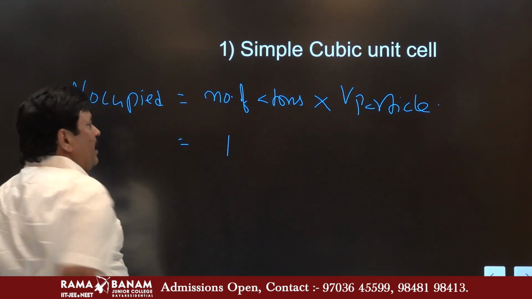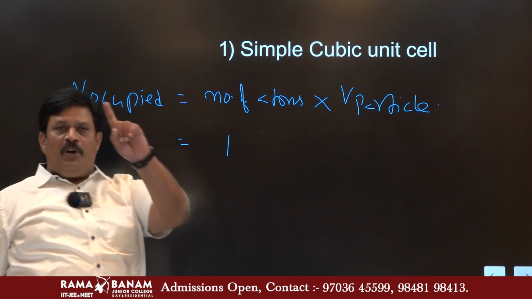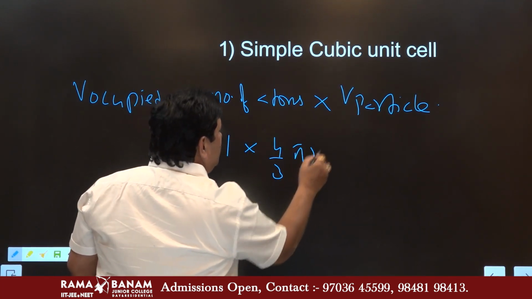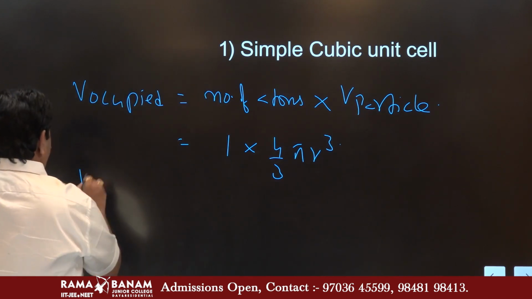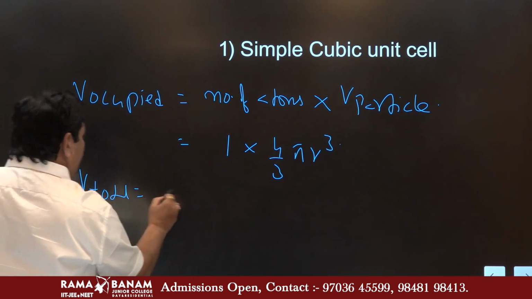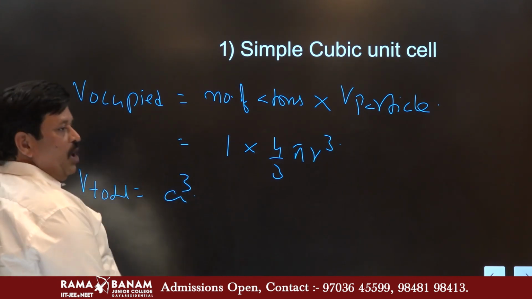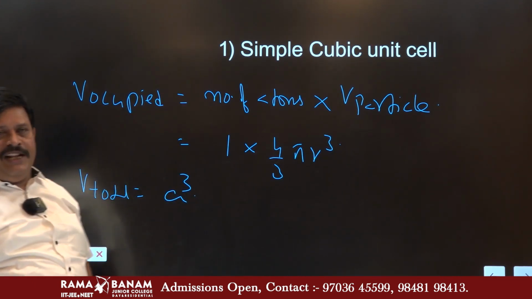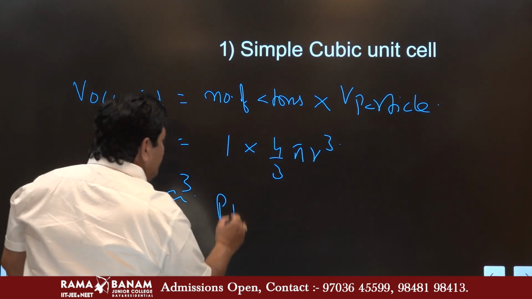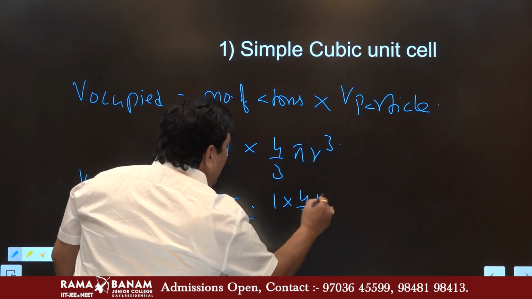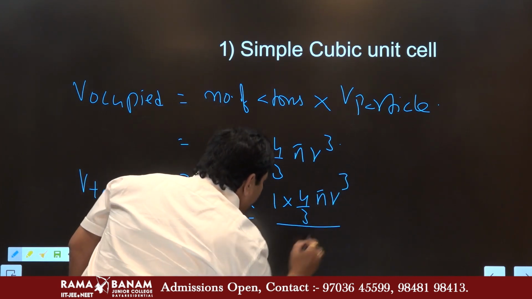We know that the number of particles in simple cube is 1, and the volume of one particle is 4/3 pi r cube, and the total volume is a cube, which is the volume of the cube, because a is the edge length. Then packing fraction in a simple cube is 1 into 4/3 pi r cube divided by a cube.